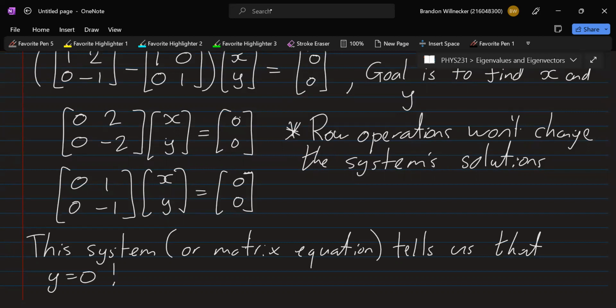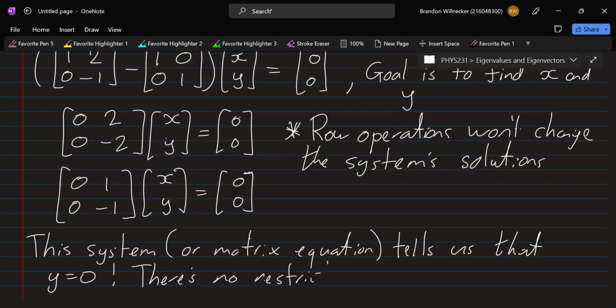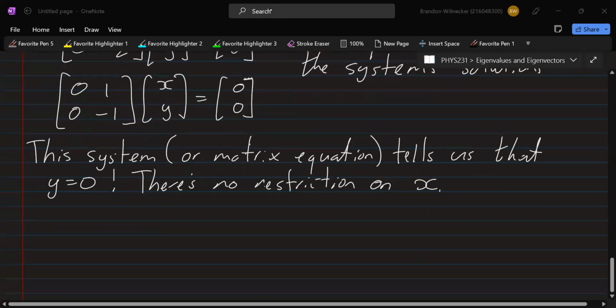Okay, that's good. So we have one of the solutions, but it doesn't tell us anything about x. In other words, there's no restriction on x. Okay, so x can really be anything.